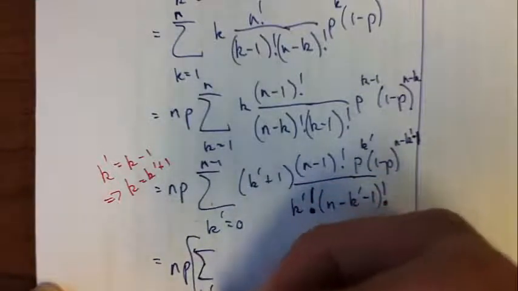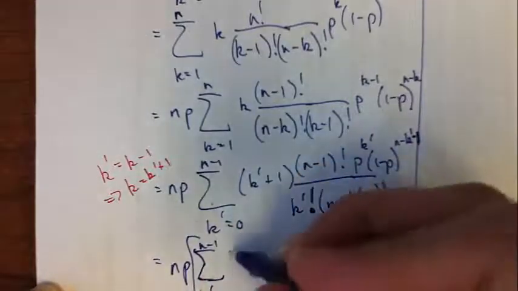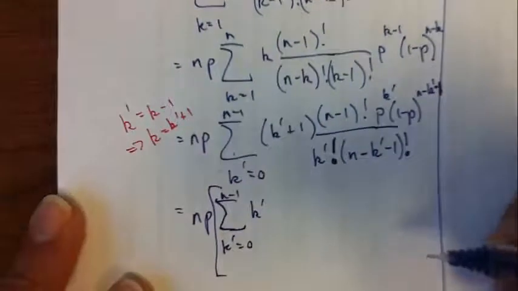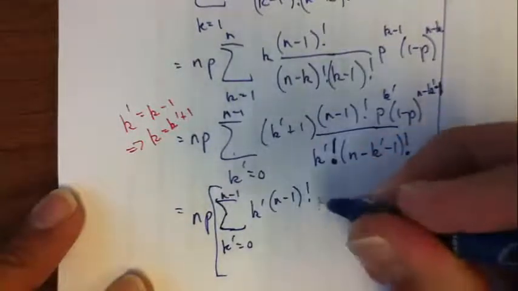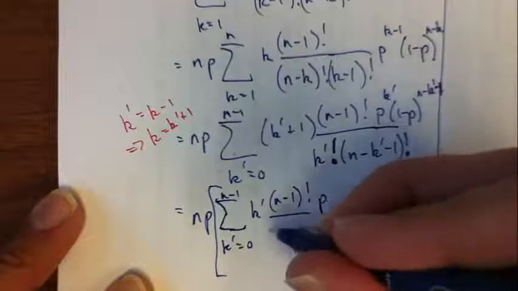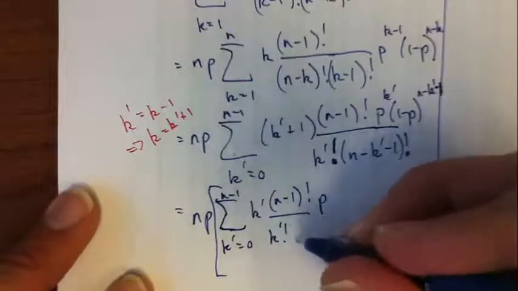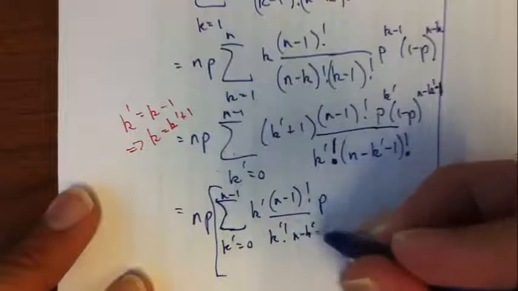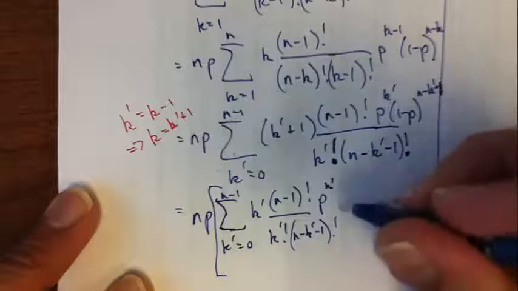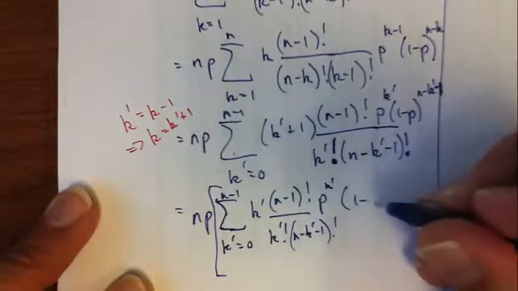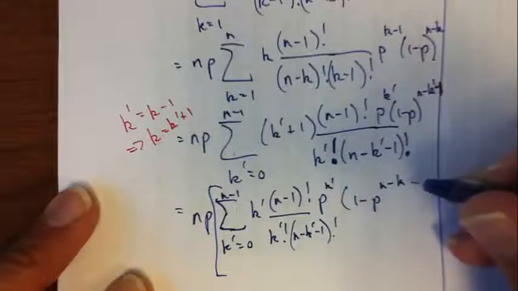The sum k prime equals 0 to n minus 1 of k prime times (n minus 1) factorial over k prime factorial times (n minus k prime minus 1) factorial, here's a p to the k prime, times 1 minus p to the n minus k prime minus 1.